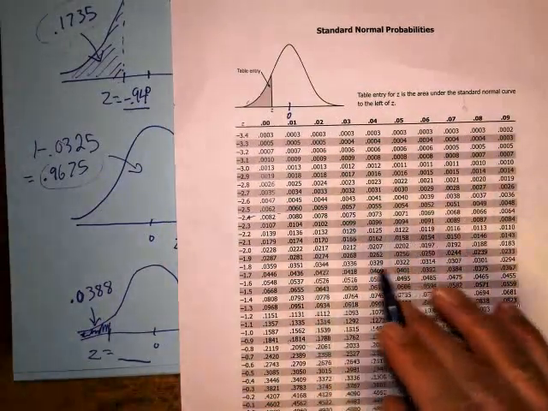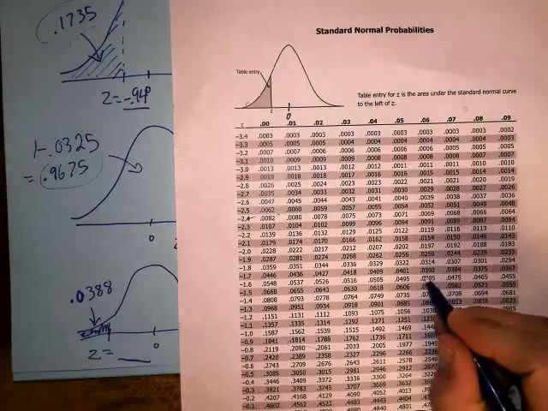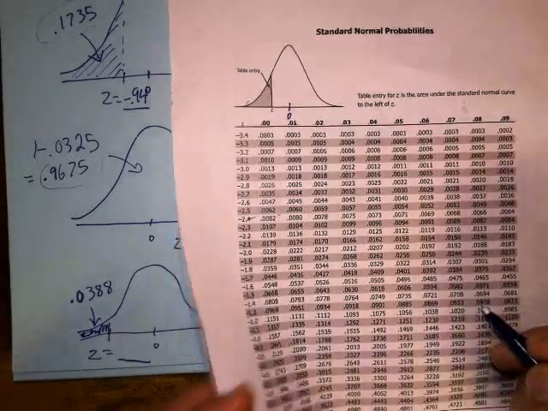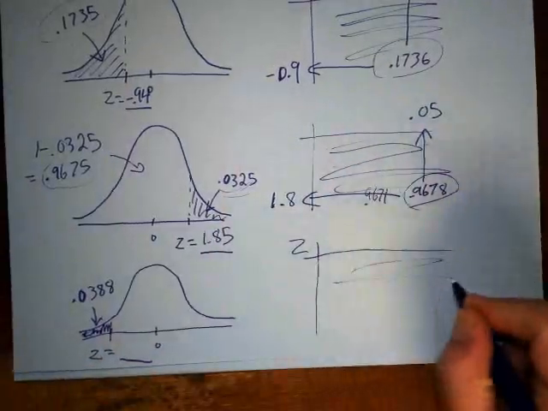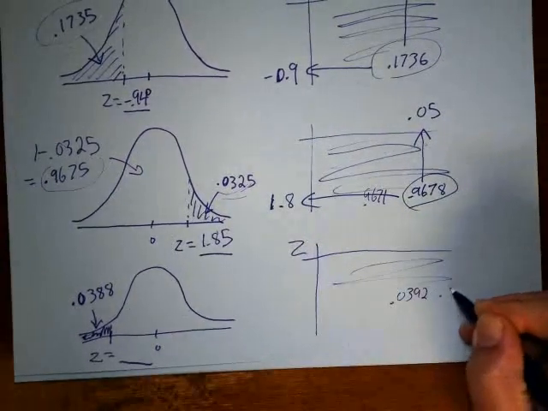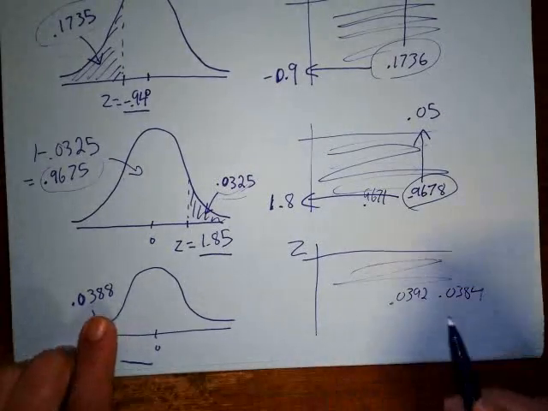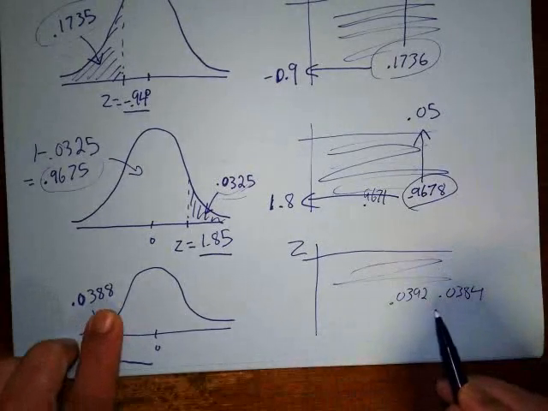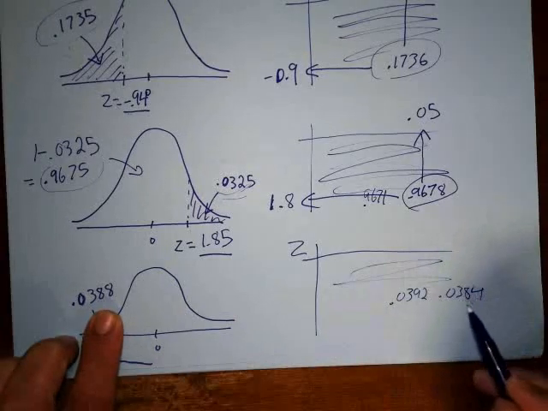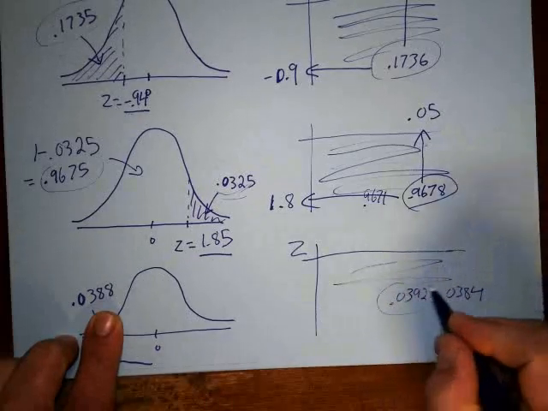So I'm looking up 0.0388, and here I got 0.0392 and 0.0384. If you notice, this one is halfway between these. 88 compared to 92 is 4 away, and 88 compared to 84 is 4 away. So it's halfway between these two.